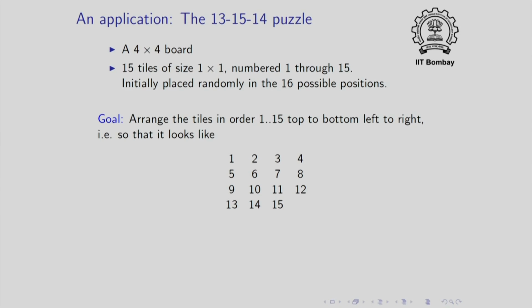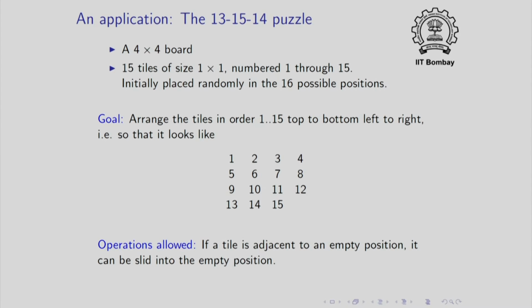The goal is to arrange the tiles in order, top to bottom, left to right, so that it looks as shown. So the first row contains 1, 2, 3, 4, the next row contains 5, 6, 7, 8, and so on in the order specified. And the blank has to come all the way in the last row and in the last column.